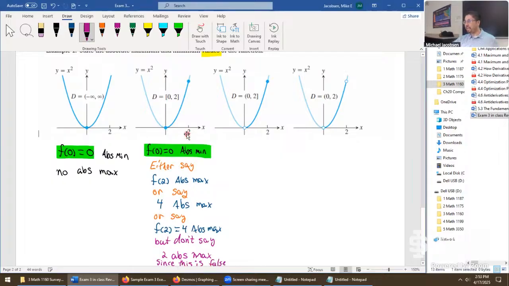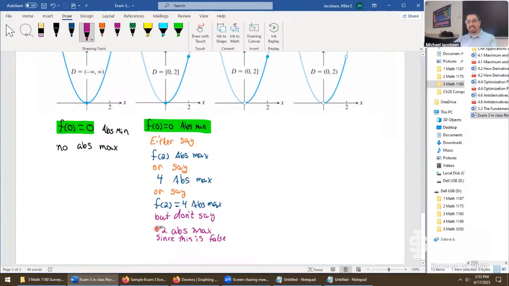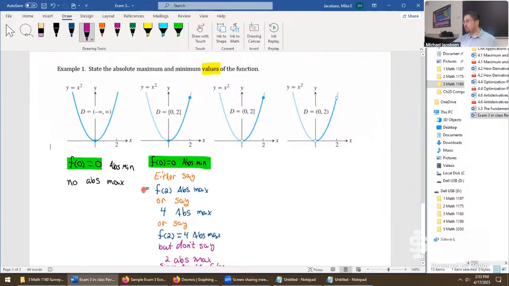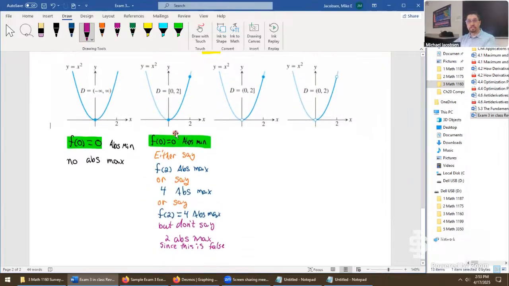The absolute maximum value is not 2. It's just the input, which would take us to the absolute maximum, which is a 4 itself. So that's the dangerous one. We can't say 2 is the absolute maximum. It's really 4, or you could say f of 2, or just f of 2 equals 4 covers your bases in that kind of sense. Does that make sense to folks on kind of the challenge of describing the maxes and minimums?